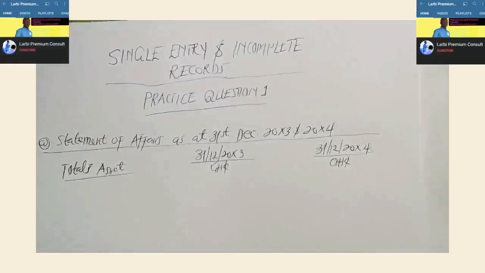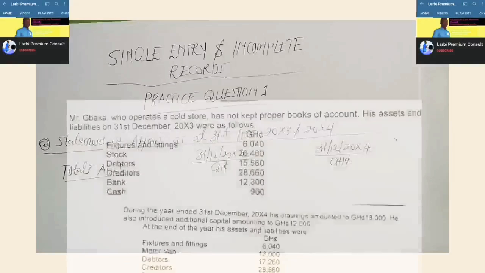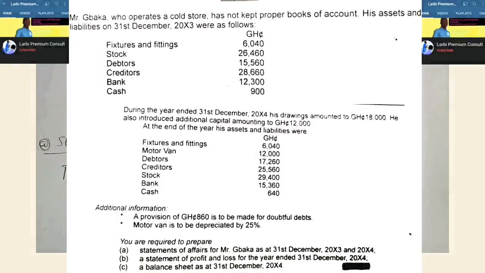Here we start with the total. So you're going to prepare them in that order. We look at the assets that existed as at 31st December 20X3, then the assets that existed as at 31st December 20X4. So let's check back to the introductory part of this question.